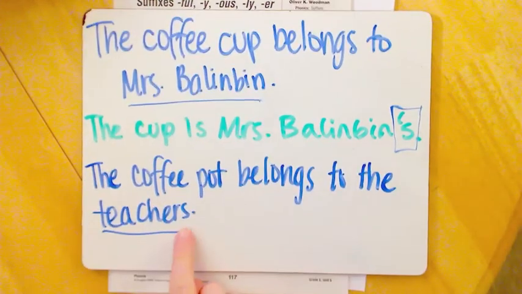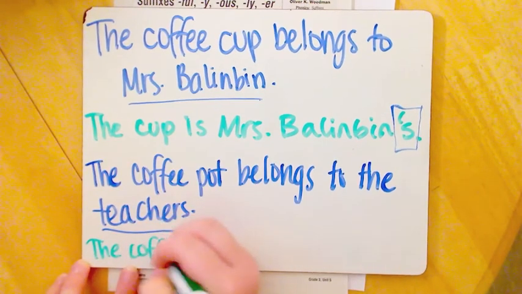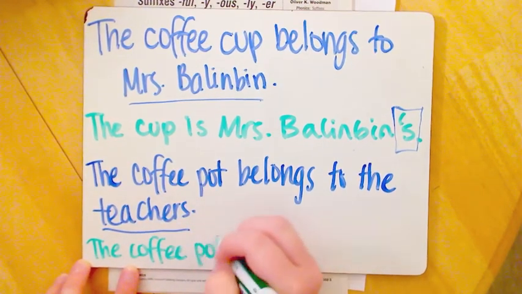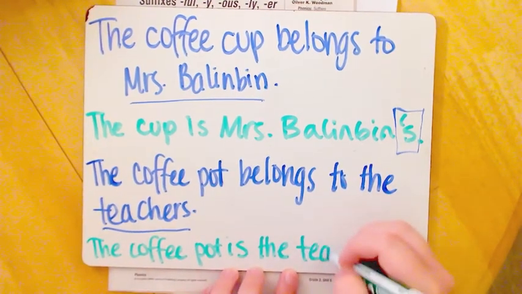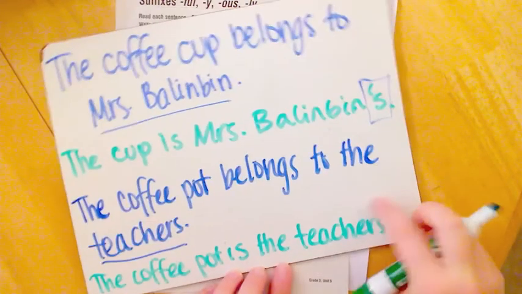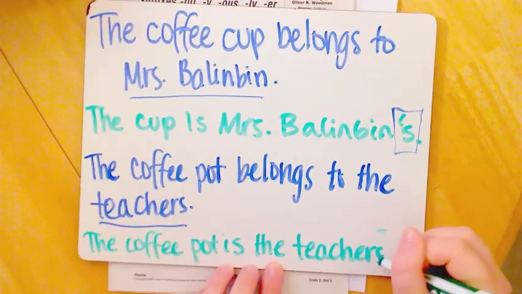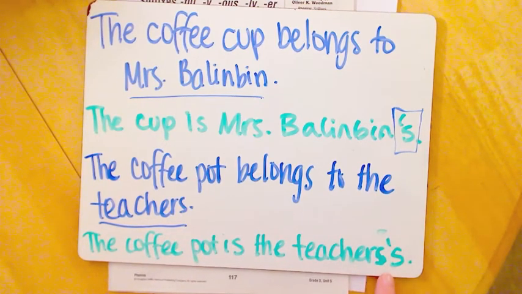Now let me show you if there's already an S on the end. So the coffee pot belongs to the teachers. The coffee pot is the teachers'. So we already have an S here. If I added an apostrophe S, that would look so silly.